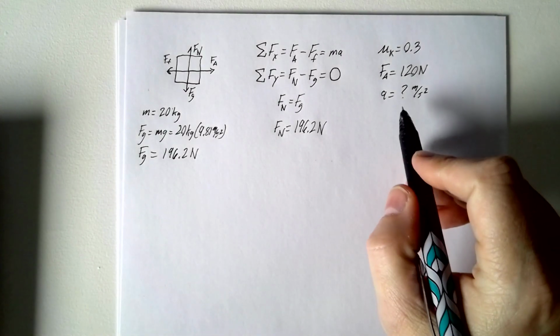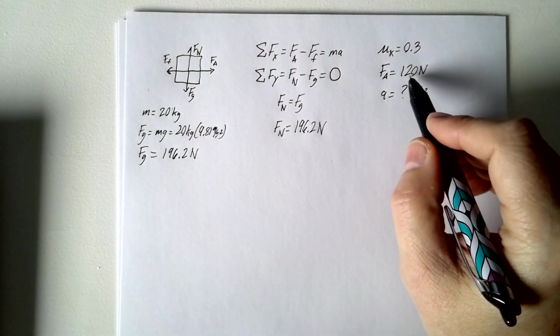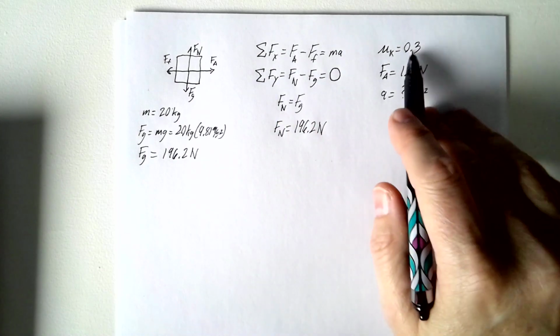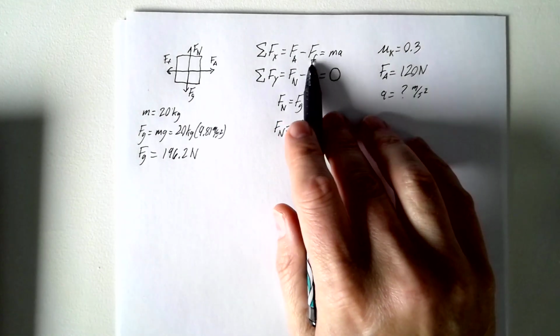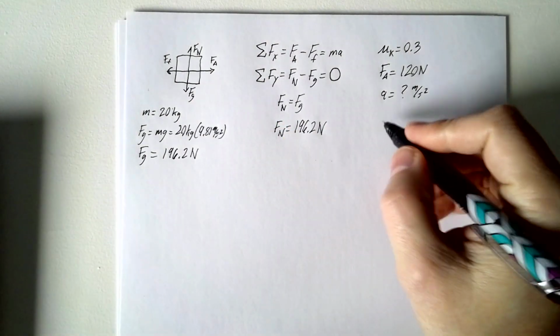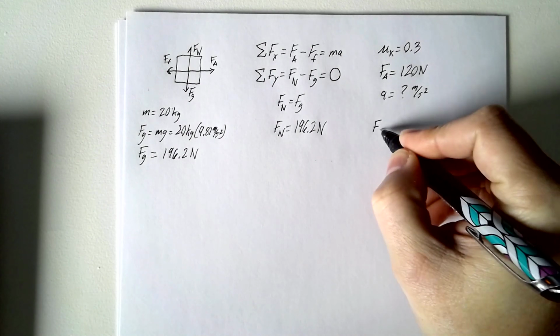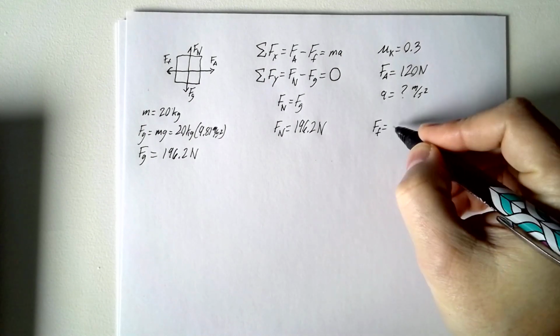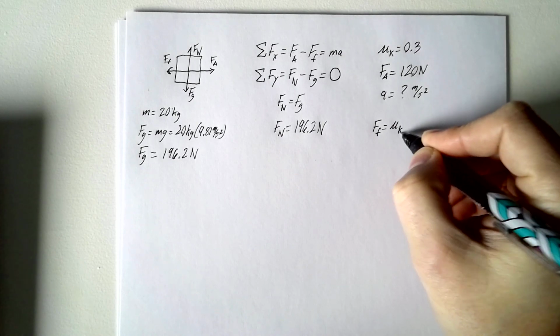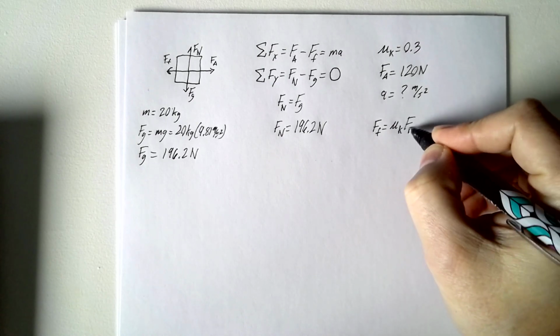So if we're looking for our acceleration, we know our applied force there. We know our coefficient of friction, so we can find Ff. So we want to find Ff next. Mu k times the normal force.